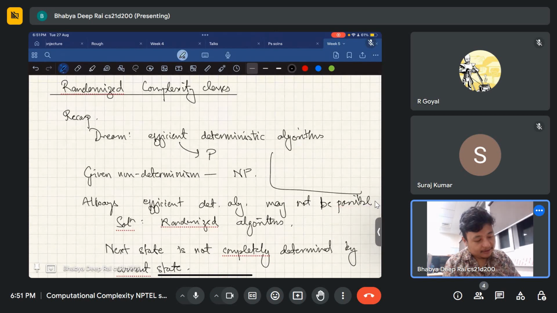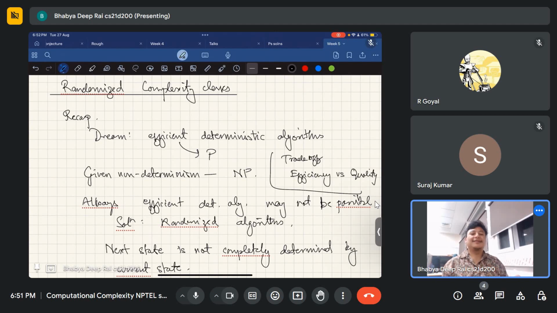It's a trade-off between efficiency, time taken, and quality of the answer. It may give you wrong answers, but obviously if it always gives you the wrong answer, it is not helpful at all. But if with a good guarantee it tells you the correct answers, then it is good enough for us in a lot of scenarios.